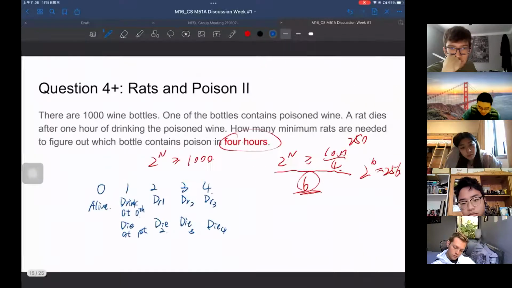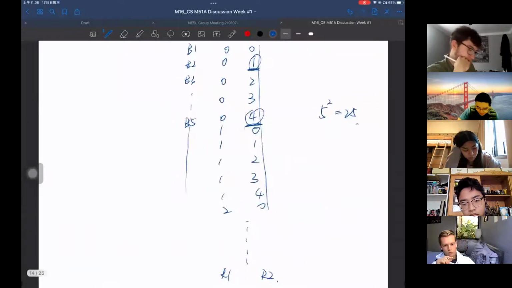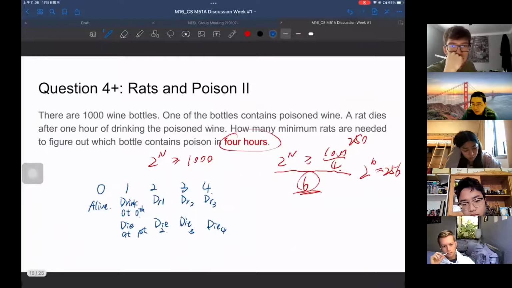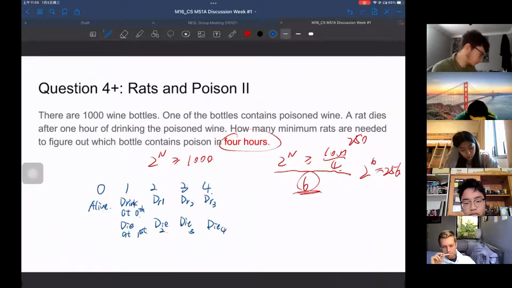Because it's no longer binary, there are 5 possible states for the rats, and we can encode all of this using these 5 states. So we are still using numbers to represent all the bottles, but now it's quinary. Any thoughts? How many bottles? Or just give me the equation.